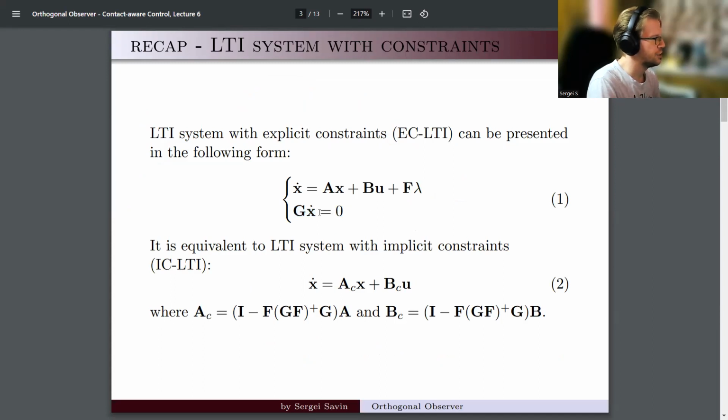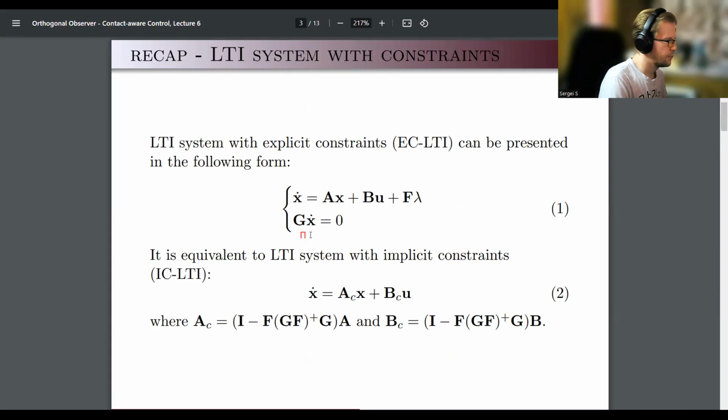But if G x dot is equal to, let me write it out for you, G N Z dot plus G R zeta dot, right?